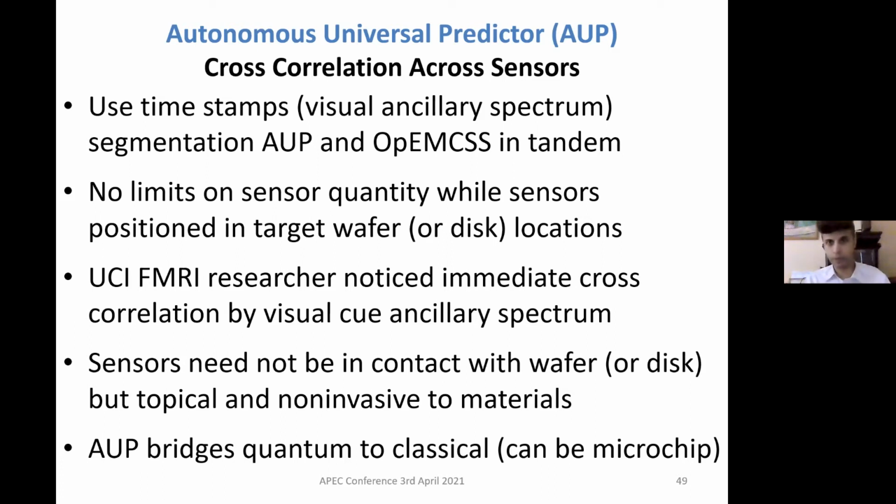He saw right away, oh, that's something we didn't catch. Sensors need not be in contact with wafer or disks, but topical and non-invasive to materials. AUP bridges quantum to classical. It could be microchip. Yes, my software can be put into a chip format.